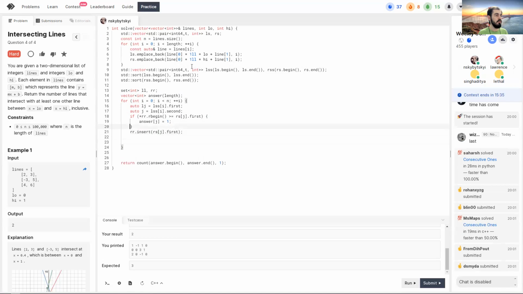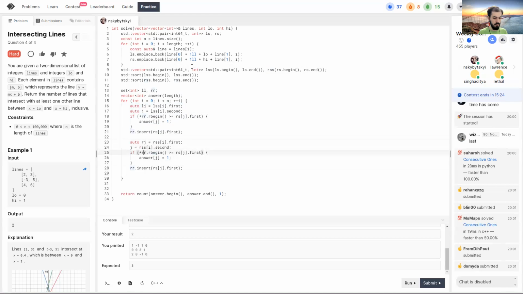At the same time, you should iterate over the other set at rj. But here we iterate in, okay, here should be the same thing.